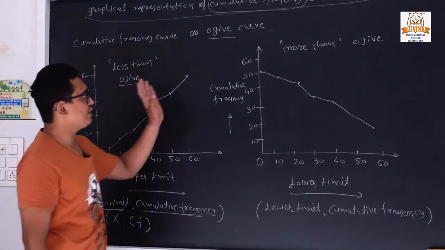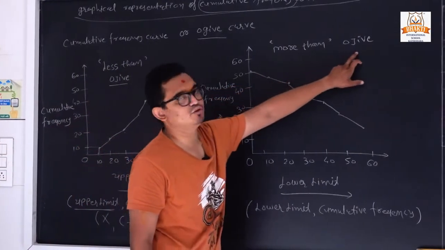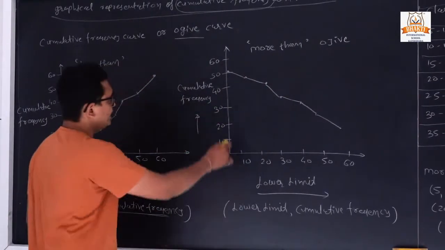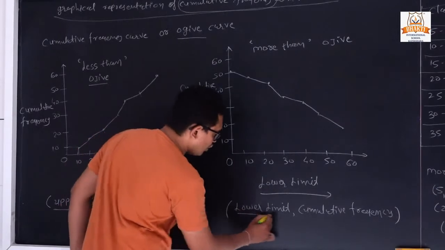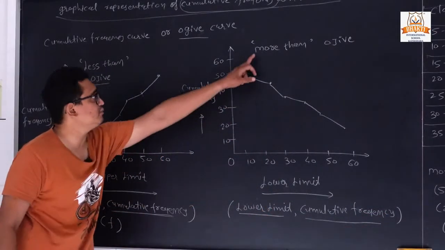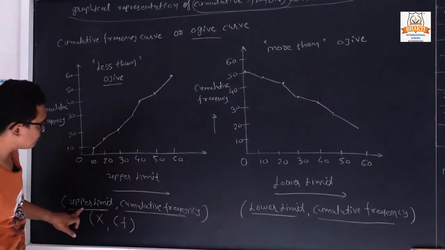Now we are going to the second type of ogive, the more than type ogive. Here we plot the graph of lower limit versus cumulative frequency. What is the difference between more than type and less than type? For less than type, we use the upper limit.